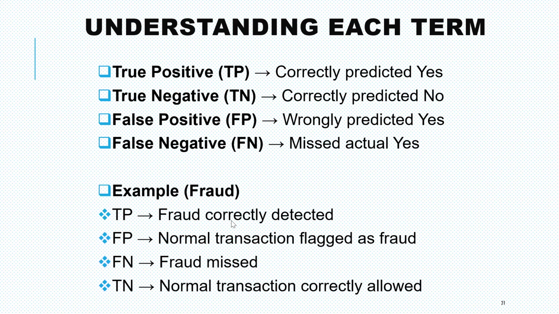So let's look at these examples below. We are looking at fraud. Fraud correctly detected becomes a true positive prediction, isn't it? We are looking at whether it is fraud or not fraud, and it correctly predicted that it is fraud. It becomes a true positive.